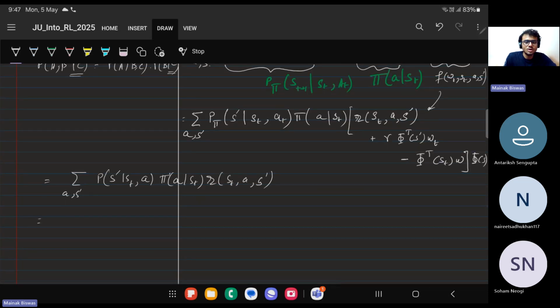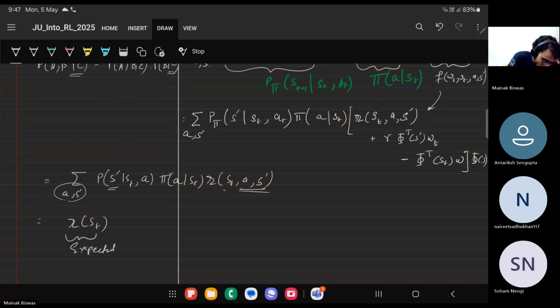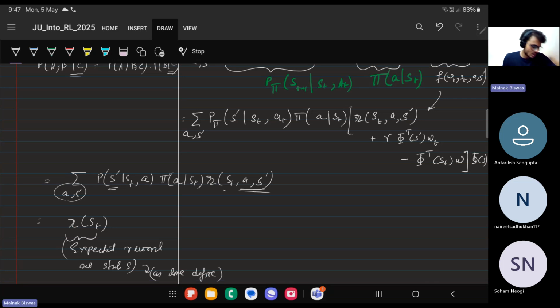This is the expected reward at state ST. We are summing over both action and state, so these two will just go away. This is the expected reward at state S as done before. Fine.